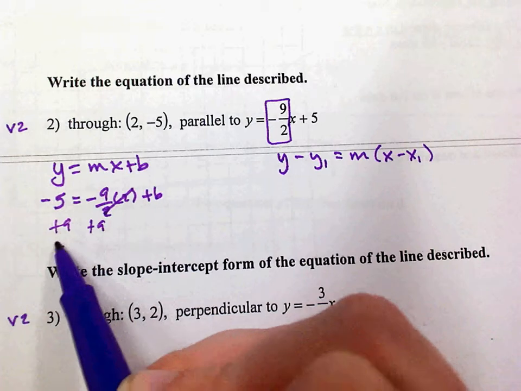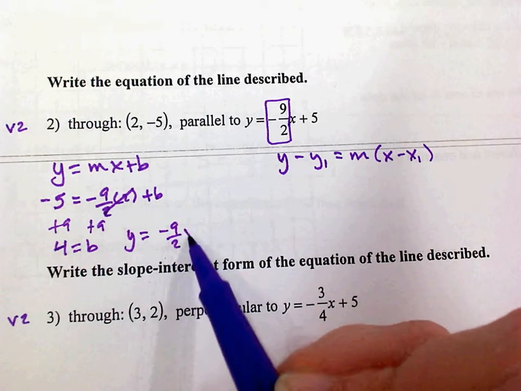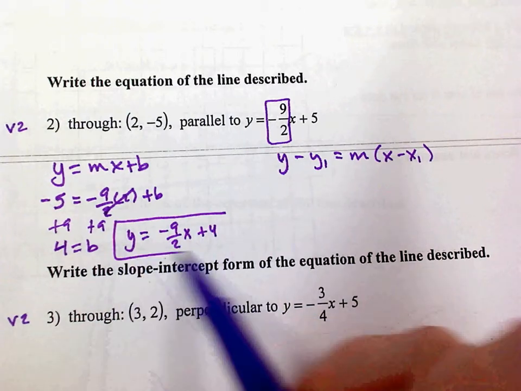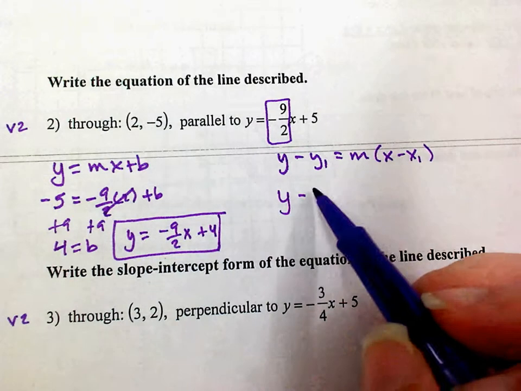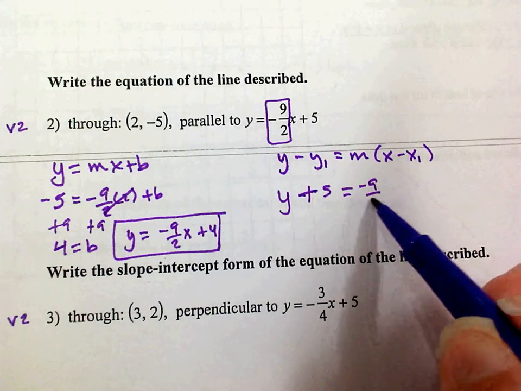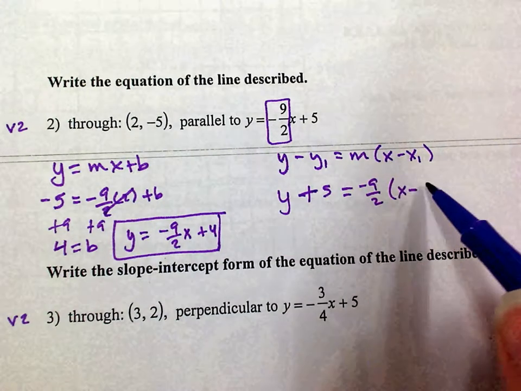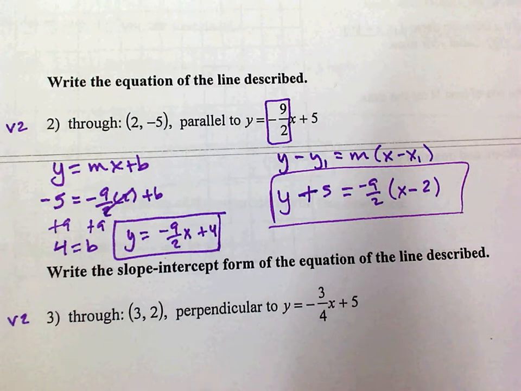So then 4 is b. Y equals -9/2 x plus 4. There's my equation. Or y minus y1, a -5, so plus 5, equals m, -9/2, times x minus x1, which is 2. And there we go. So either one of these is acceptable.